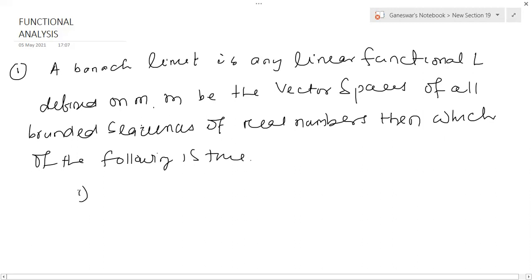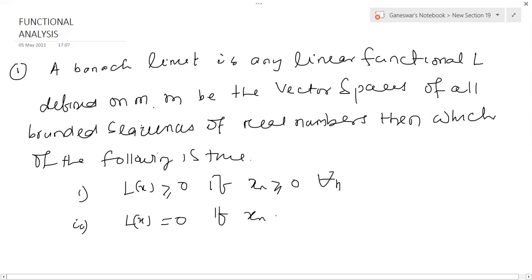So here some options are given to us. First is Lx greater than or equal to 0 for all x if xn is greater than or equal to 0 for all n. That is one condition. Second condition, Lx equal to 0 if xn greater than 0 for all n.